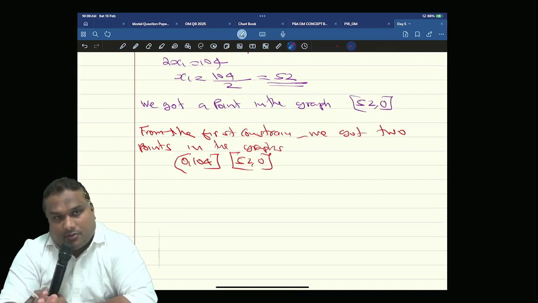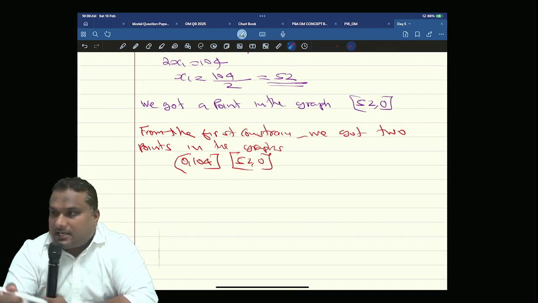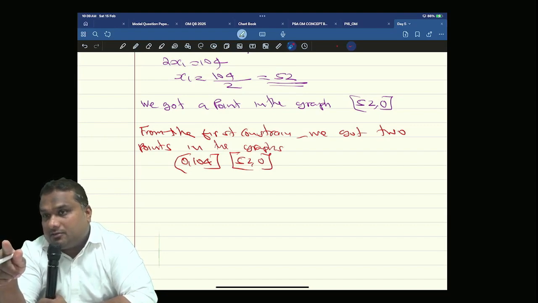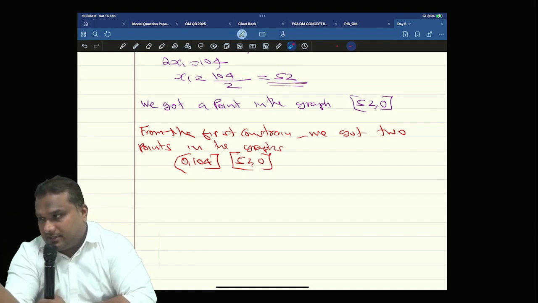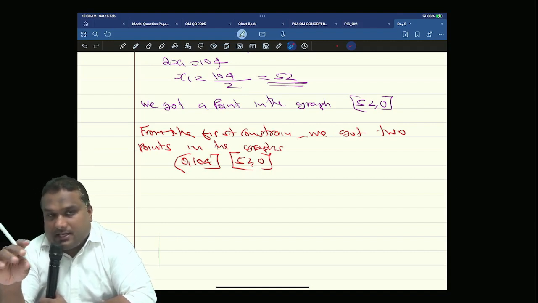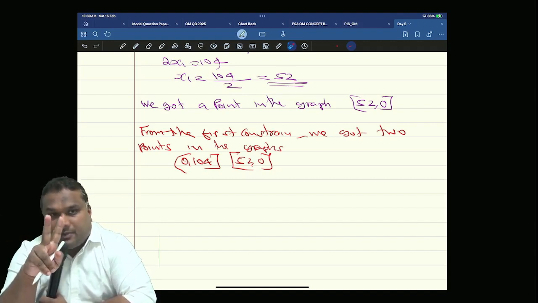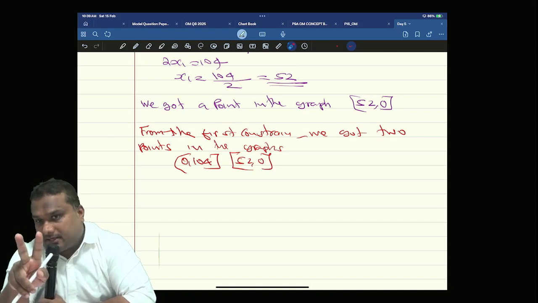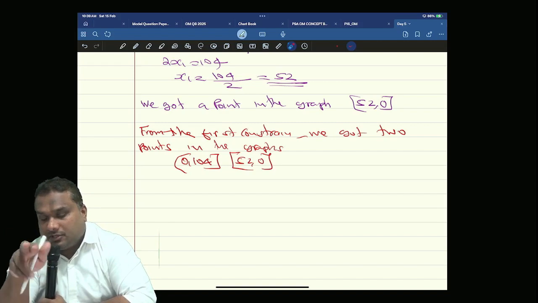It's very simple. Cutter has 104 hours, correct? Lamp A requires 2 hours of cutter's time. Cutter has 104, so 104 by 2 is 52.